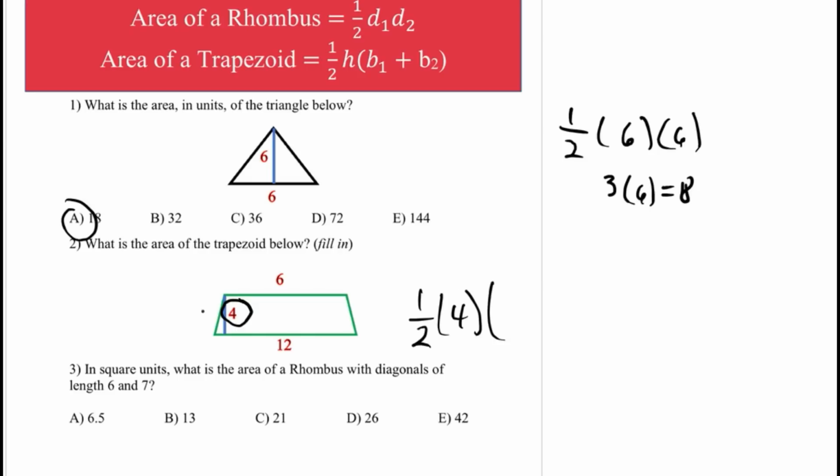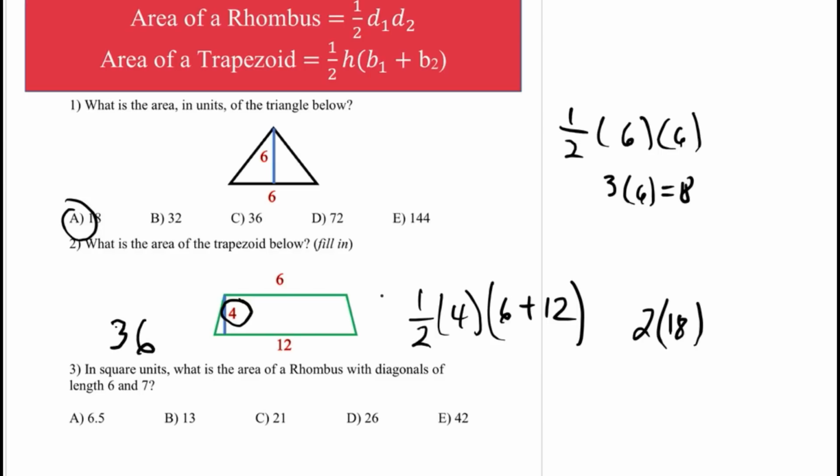Well, base 1 is 6. Doesn't matter which is base 1 and base 2. And base 2 is 12. 1/2 of 4 is 2, times 6 plus 12 is 18. Answer number 2, the fill-in, is 36.